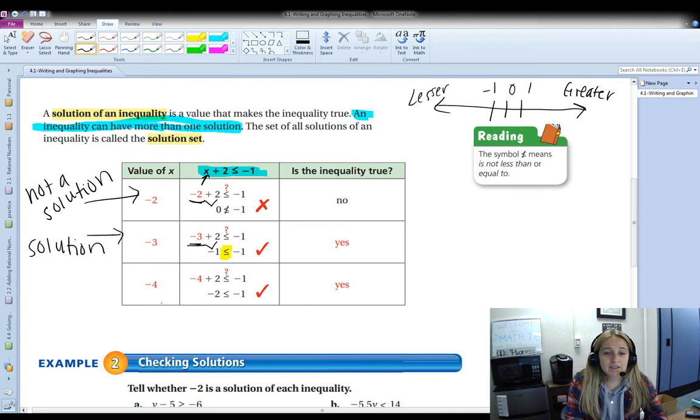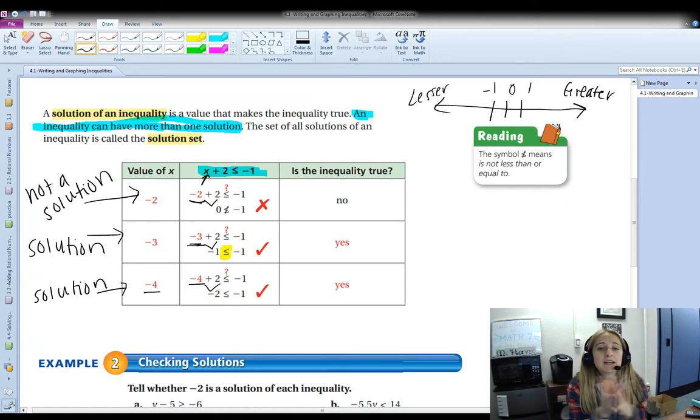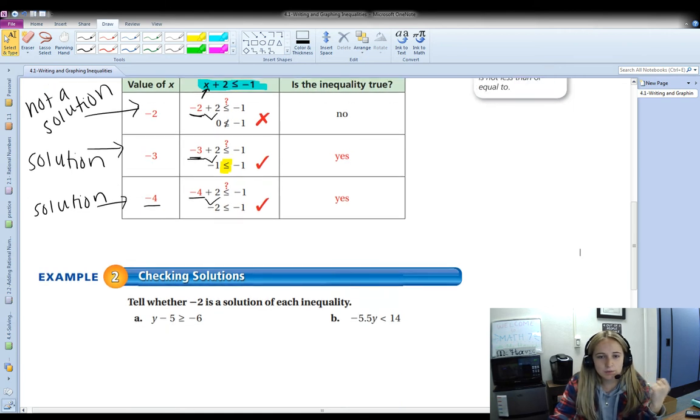All right, and then down here, when you plug in -4, -4 plus 2 will be -2. -2 is in fact less than or equal to -1. So this is a solution as well. So you're going to have more than one solution. It's going to be a solution set. And we're going to talk about that down below. But make sure that you have that chart down. And we're going to be practicing this a little bit more.